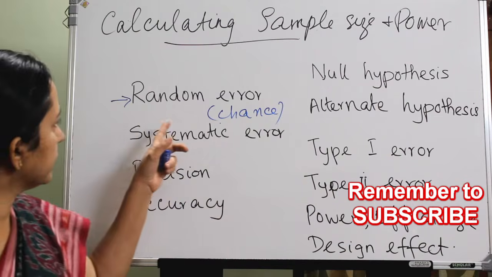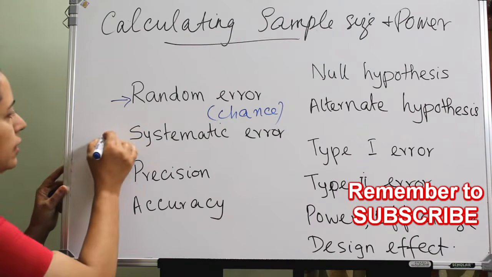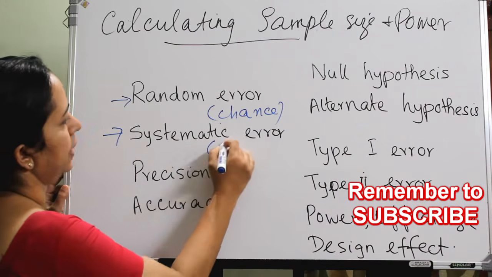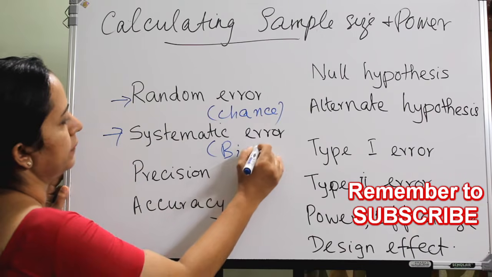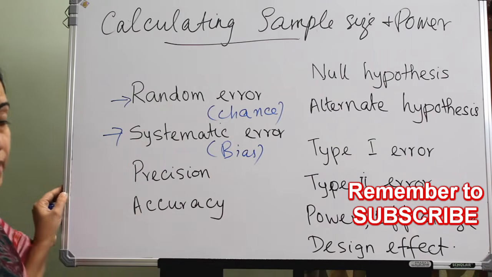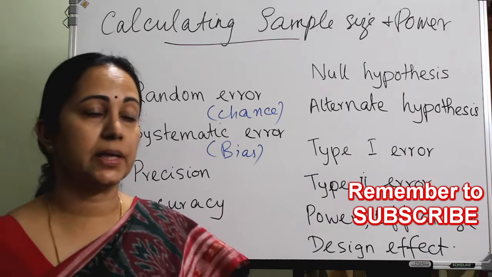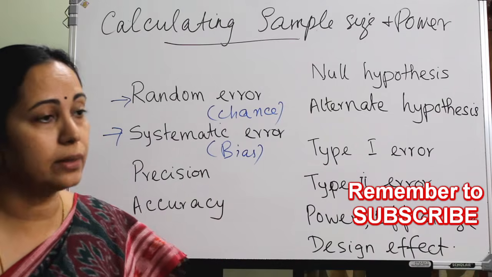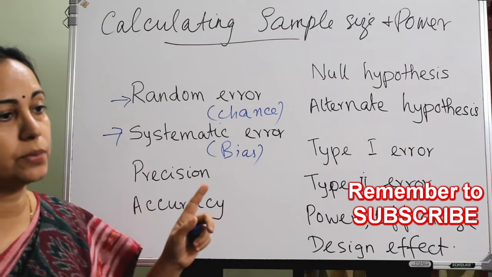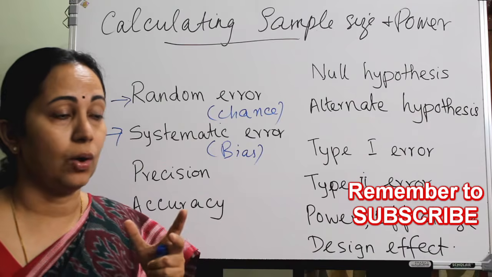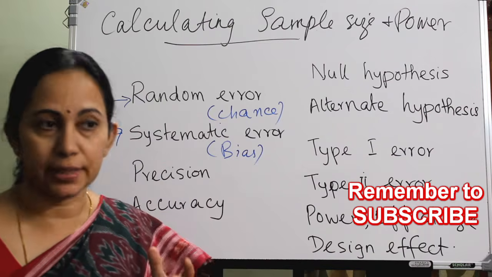Okay, and systematic errors happen due to bias. There can be selection bias, information bias, or confounding, and this can be reduced by optimizing the study design.